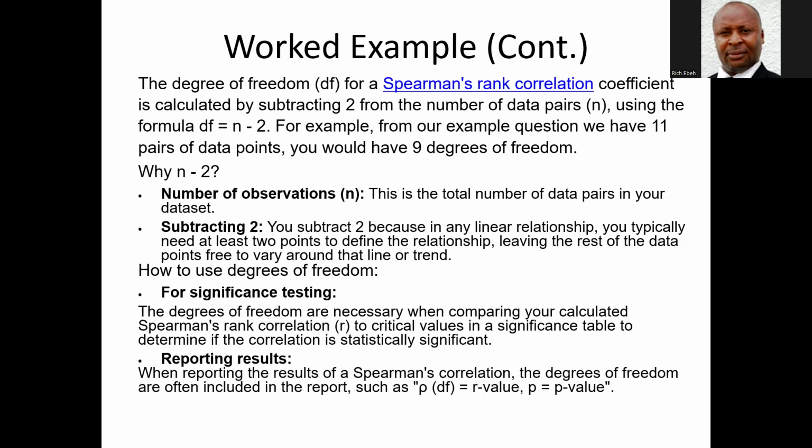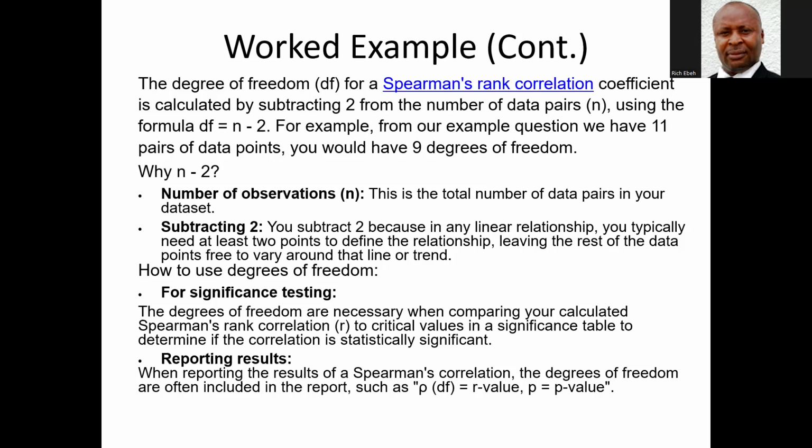So how to use degree of freedom? Degree of freedom is necessary for comparing your calculated Spearman rank correlation to the critical value in a significance table. It helps us to make a conclusion of our results.